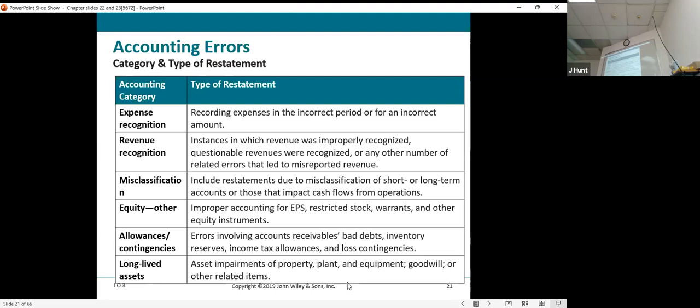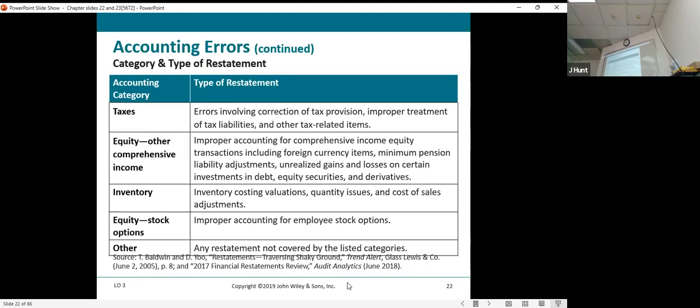Misclassification, so short or long-term items. Equity, you could have improper accounting for earnings per share, warrants, other equity instruments. Long-lived assets, so we could have impairment, goodwill, other related items. So this is just one part of the list. You have other categories, and again, restatement, meaning you have to go back and restate the numbers.